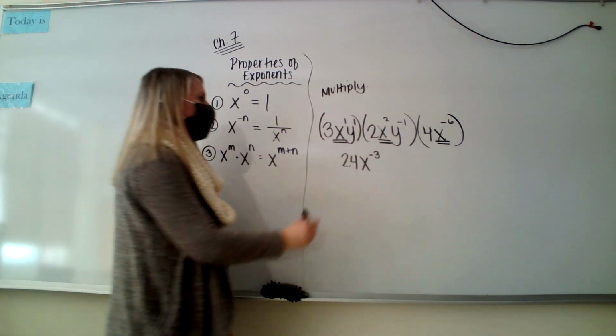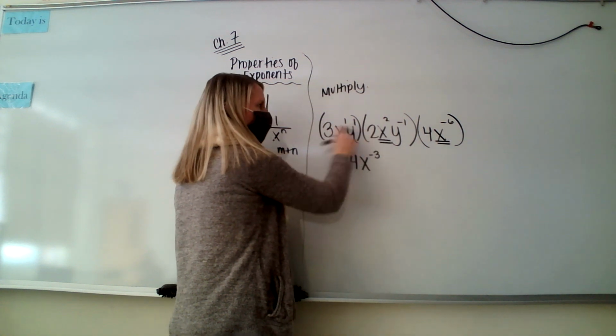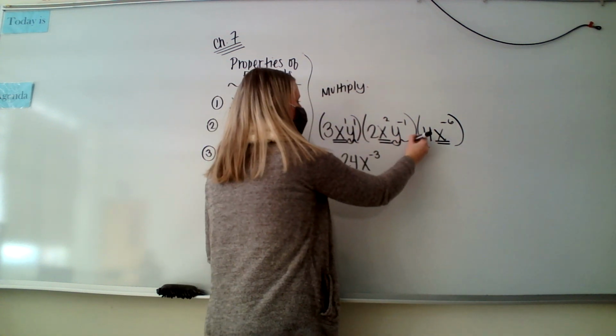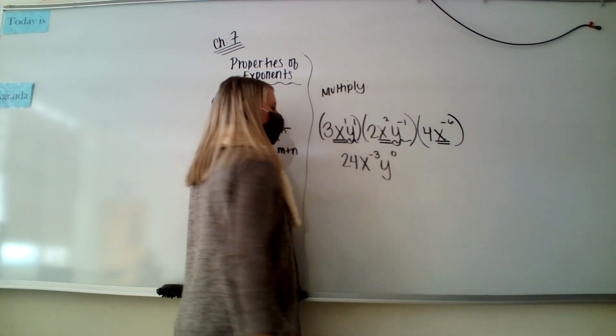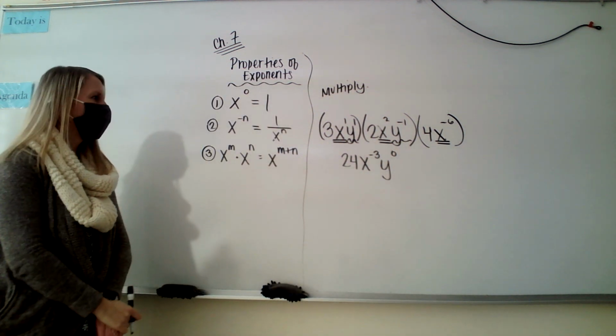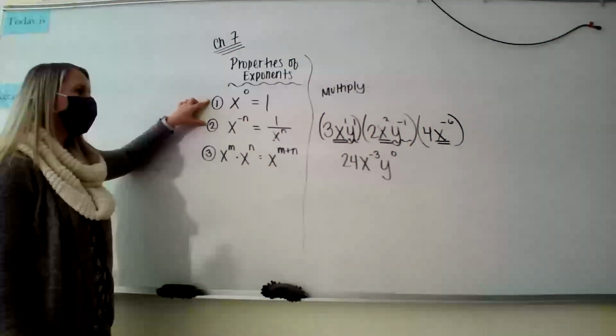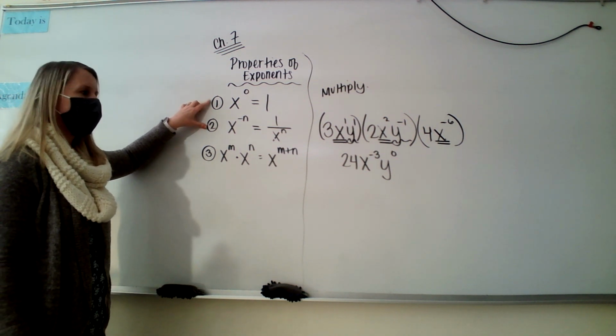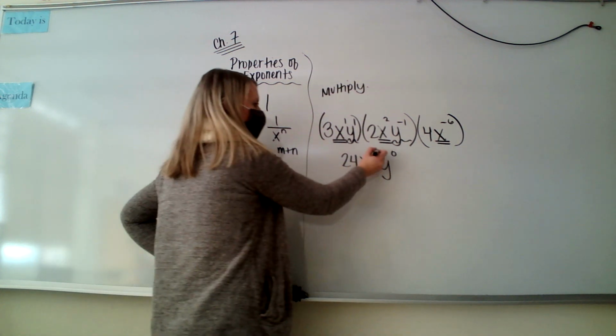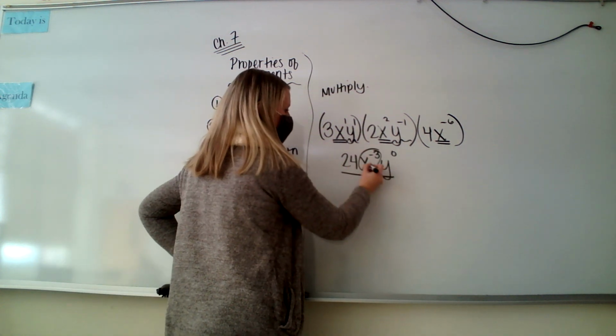And then I have my y's. Once again, I threw a 1 in there because it was just y. And 1 plus -1 is 0. Ooh. So both of our rules come into play. I see a negative that I'm going to flip, and I see a 0, which I'm going to change into a 1. So this gets flipped.